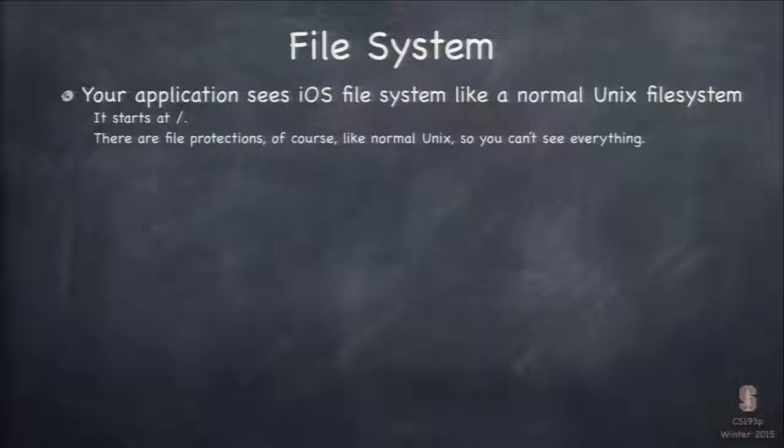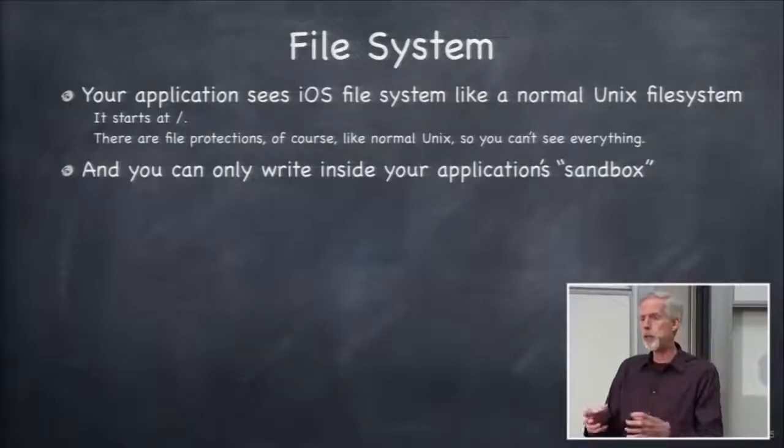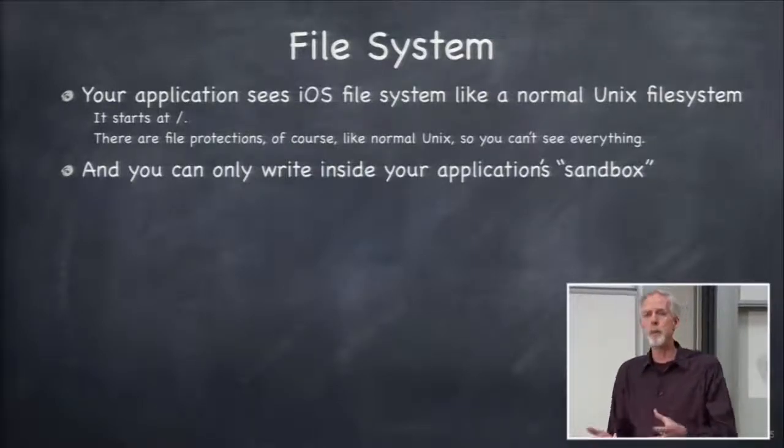So you see this file system. It starts at root. It's a protected file system, though, so you can't see most of the stuff in root or any of the system directories. It's just not readable by you. There is a part of the Unix file system that is your application's own. It's called its sandbox, and this is the only place you can write.